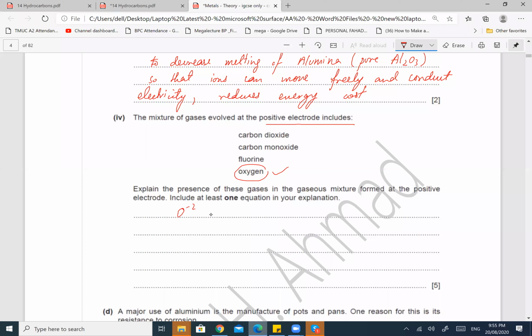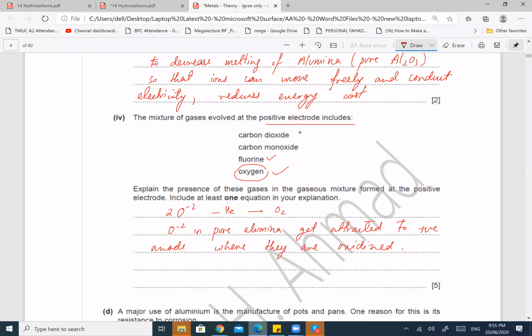O2- ions की पहले equation लिख लेते हैं and they're forming O2. So oxide ions in pure alumina get attracted to the positive anode, where they are oxidized.